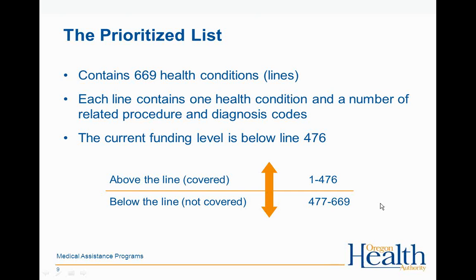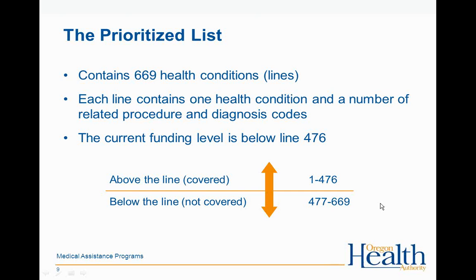So you are looking for codes that do pair on the prioritized list and are found above that funding line. So we refer to that as above the line and below the line. We'll talk a little bit more about this and eligibility and how they relate. We'll also talk about the OHP website where you can find this list and take a look at it and the different procedure codes and diagnosis codes that are found on the list.